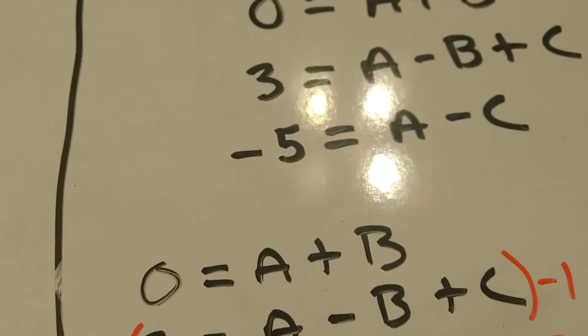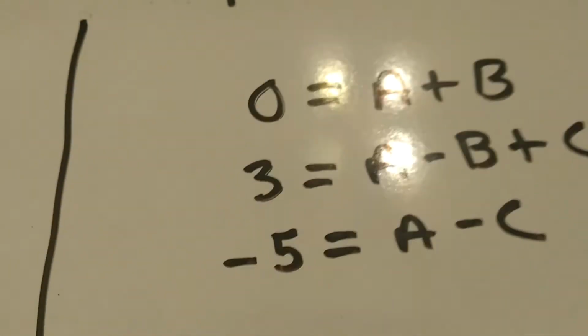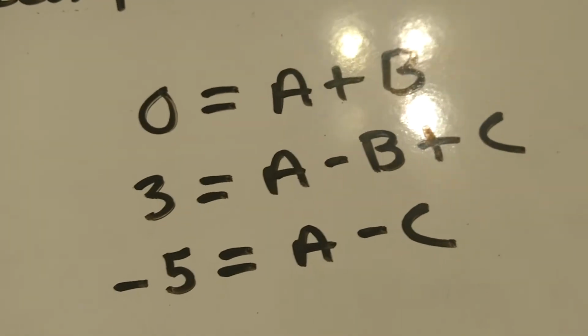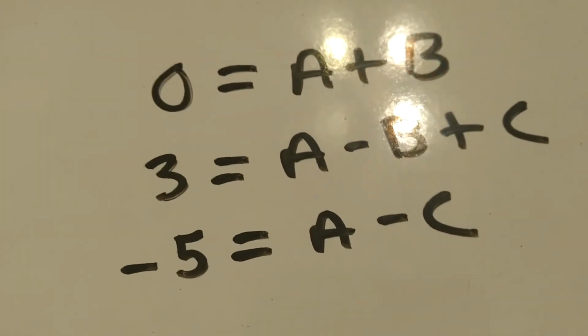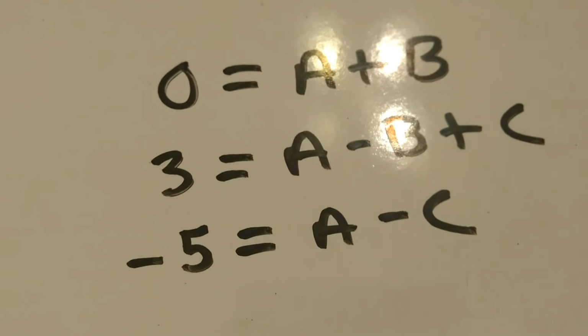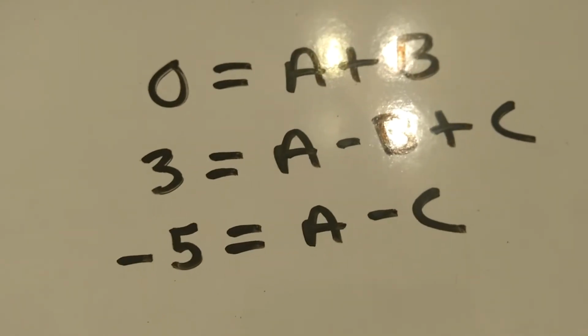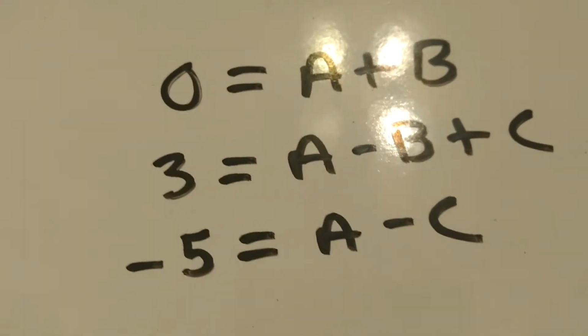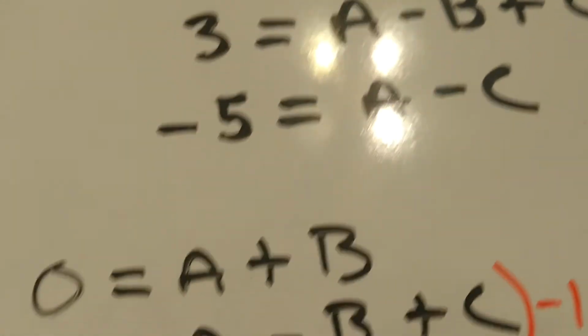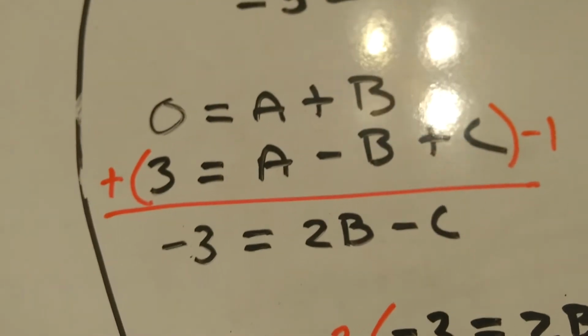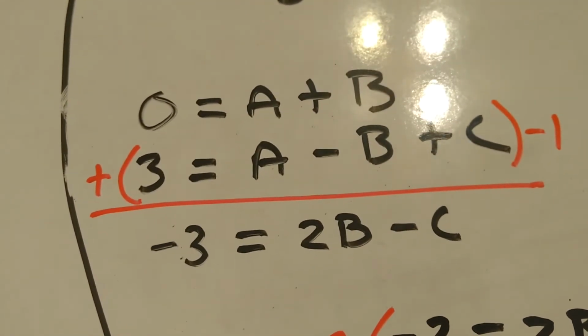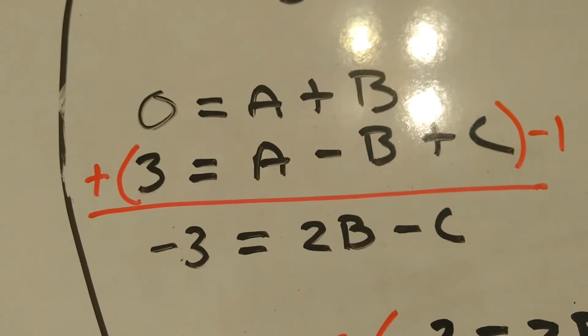So remember, with a system of three equations, it doesn't matter if we get rid of the A first, the B first, or the C. I'm looking at this, and it looks like I want to get rid of the A's, because A is in all three equations. So we'll take the top equation and the middle equation, and here I multiply the middle equation by minus 1. Add them together.